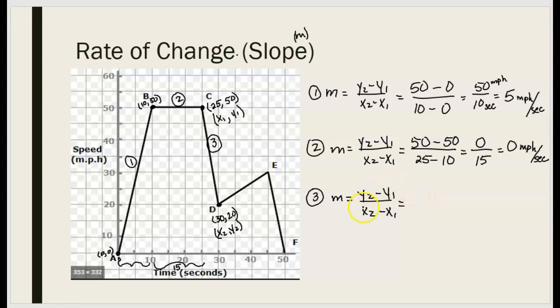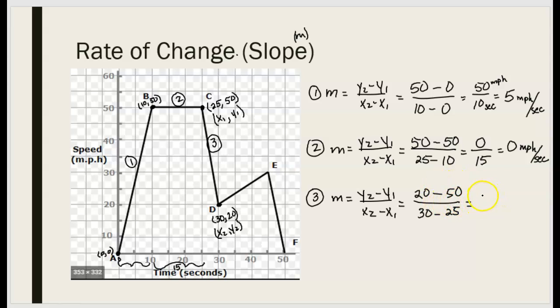Okay, so now let's apply the formula and see what we get. My y2 value is 20 minus my y1 value of 50, over my x2 value of 30 minus my x1 value of 25. When I subtract here, 20 minus 50, this time I have more negatives, right?